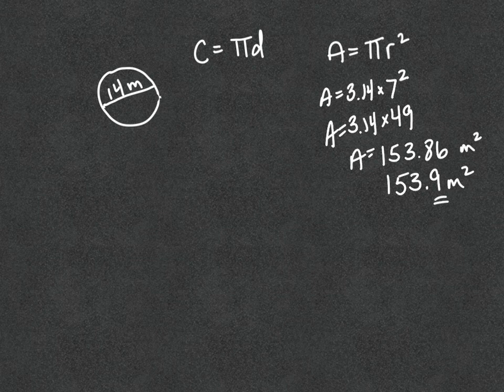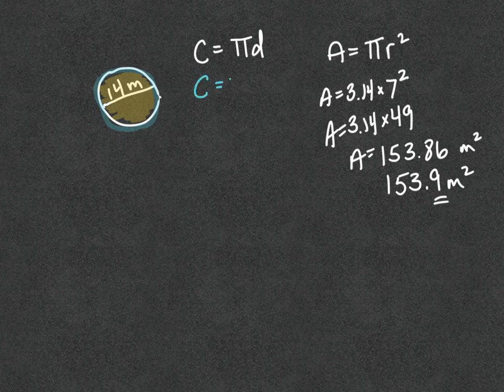Just for practice's sake, circumference. So we just found the area, if I wanted to plant seeds in this round garden, how many meters square worth of seeds that I would need. If I needed circumference, if I just wanted to build a fence, let's say, around the outside of my circle garden, then I use C equals pi d as my formula.